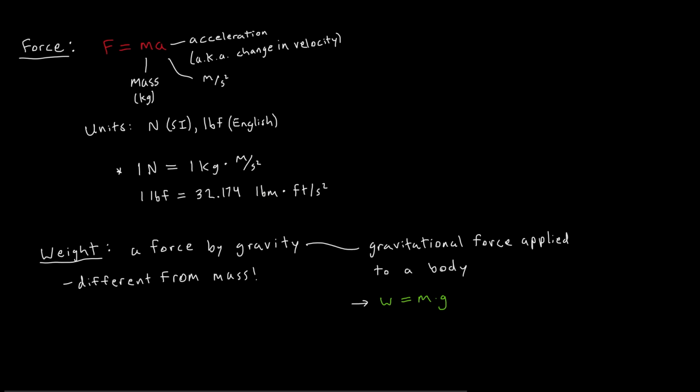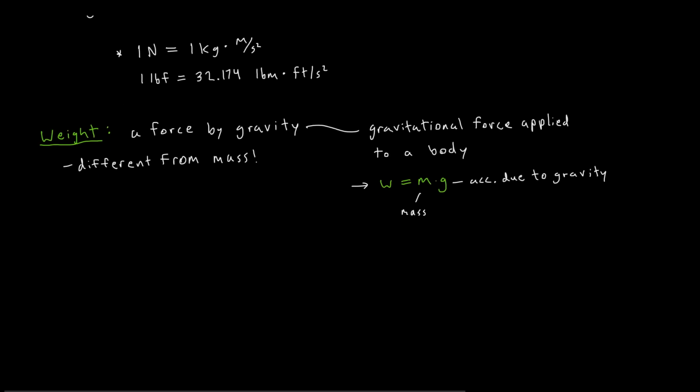Here you can see the similarities between the definition of a force, F equals ma, and weight, W equals mg, which hopefully helps you see how weight is actually like a force, as it is the product of mass and acceleration.